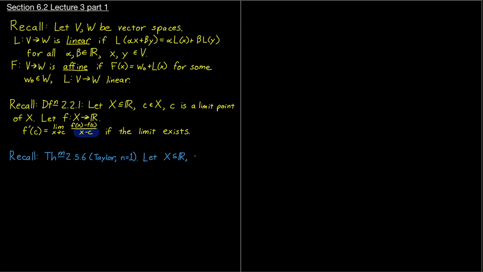X is a set of real numbers. C is a point in X that is also a limit point of X. And we're going to suppose that f prime of C exists.